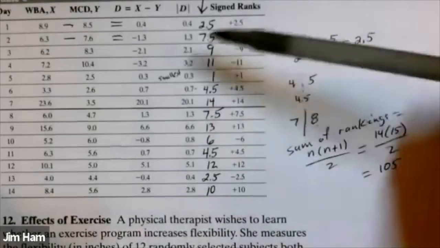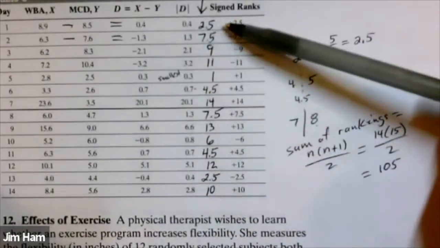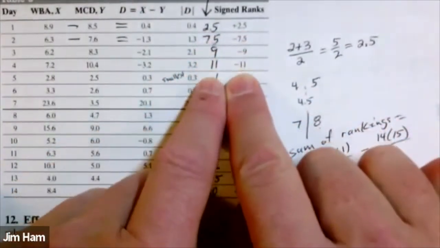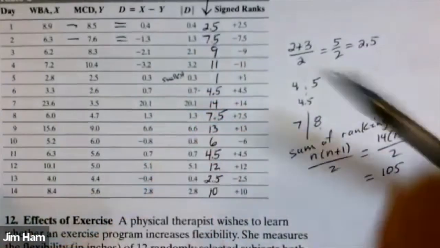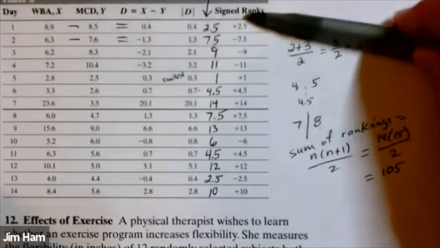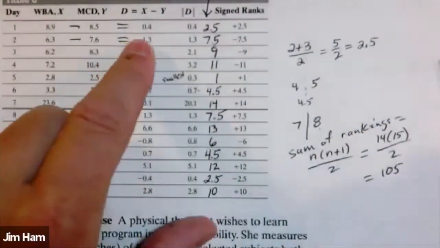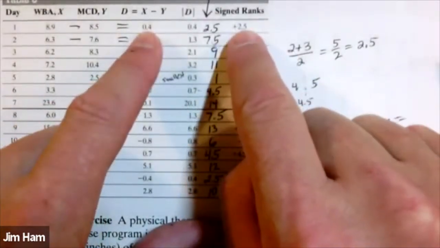Okay, they didn't do this column. They went right to this column. Notice these numbers here match these exactly, except for the minus sign. But all the rankings are the same. Notice that some of these are positive and some of them are negative. Where do they get the negative sign? They get it from the difference. So every time you see a positive difference, you're going to get a positive signed rank.